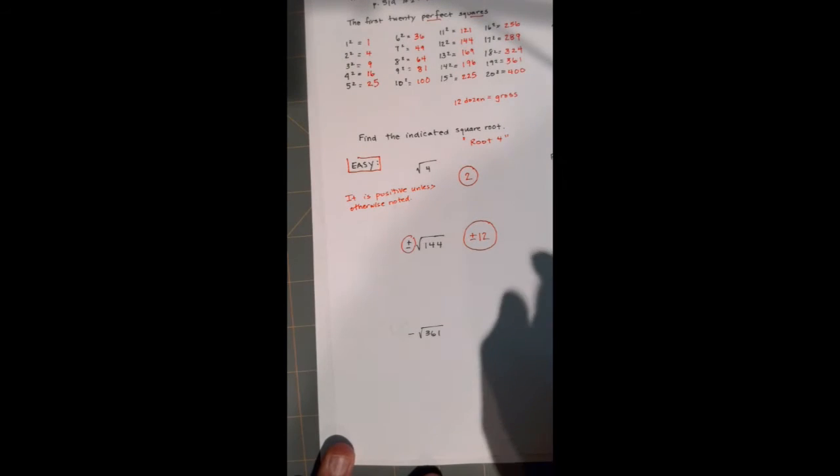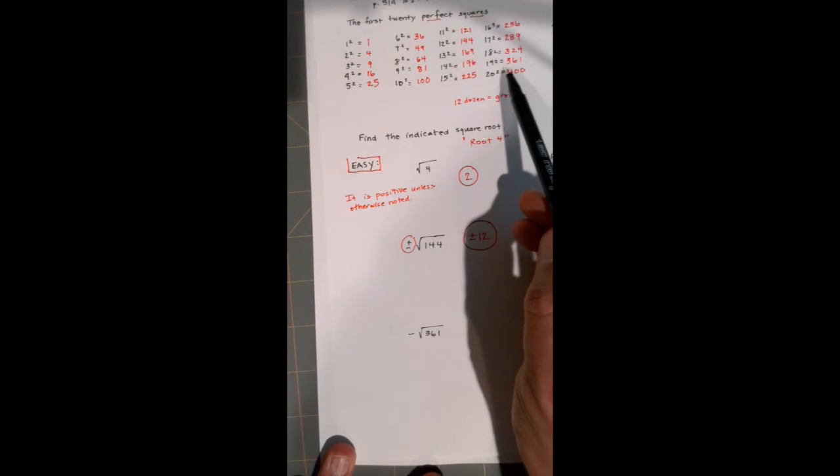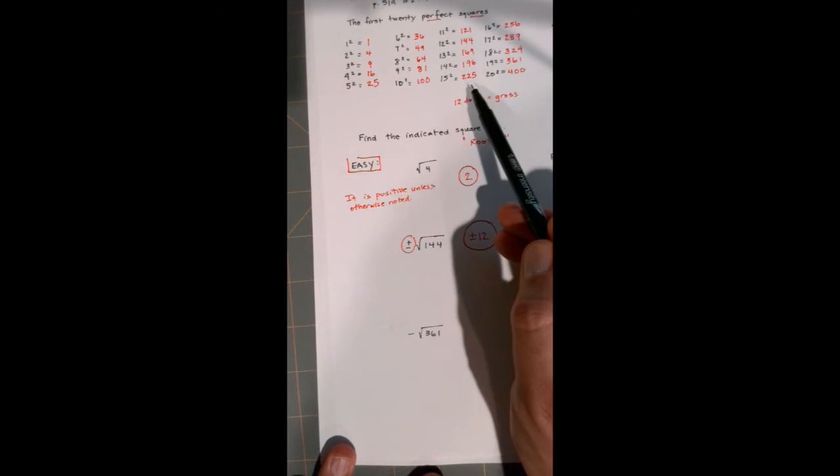Now, the next one here maybe looks hard. Okay? It's the negative of root 361. But if I go up to the top, 361 is 19 squared. So that's why it's nice to have at least up to 15 memorized. It just makes your life easier.